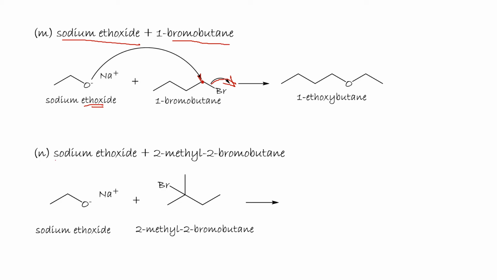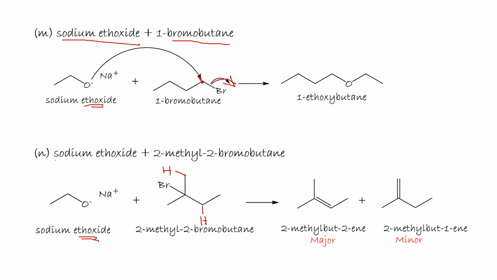Sodium ethoxide with 2-bromo-2-methylbutane, the ethoxide here will act as a base and abstract either this hydrogen or that hydrogen, to give 2-methylbut-2-ene as a major product and 2-methylbut-1-ene as a minor product.